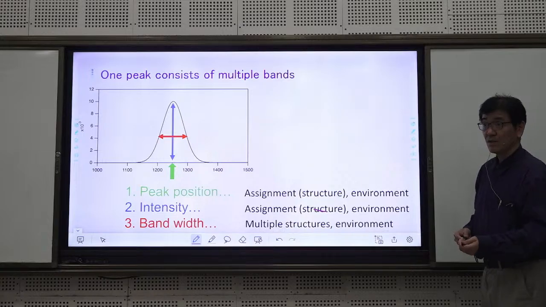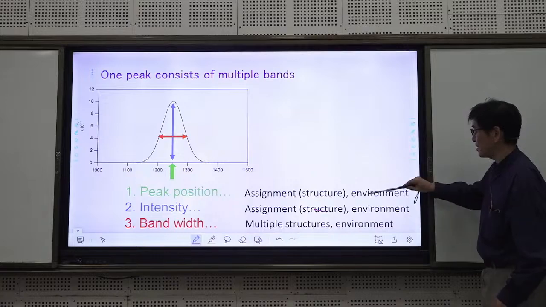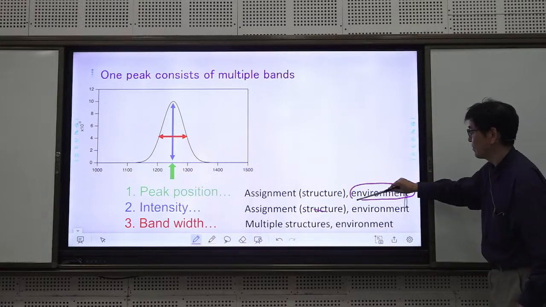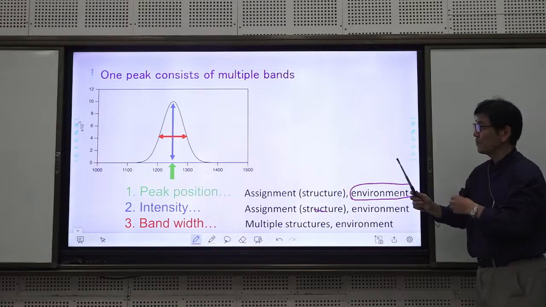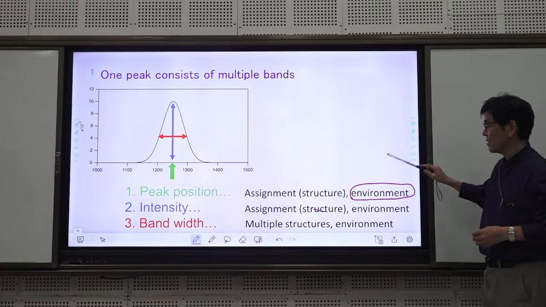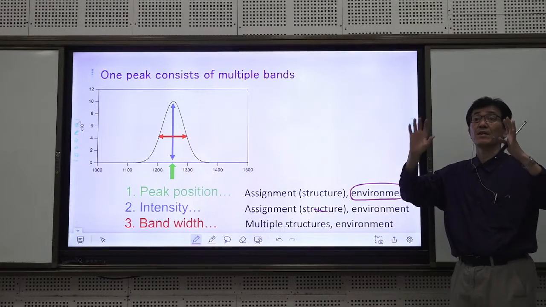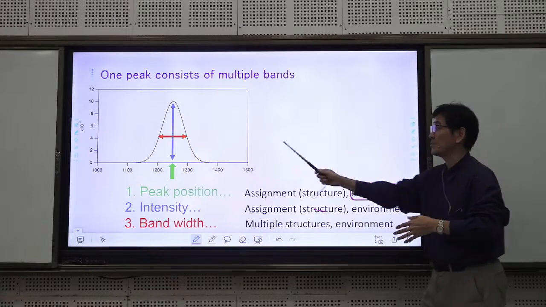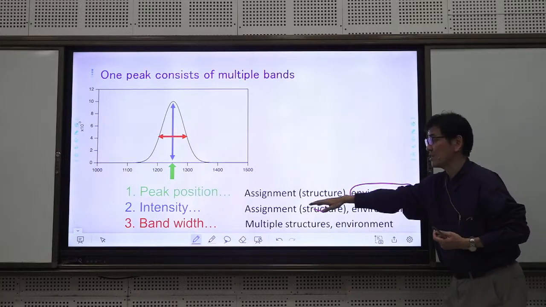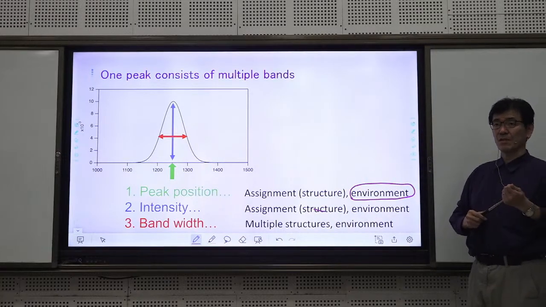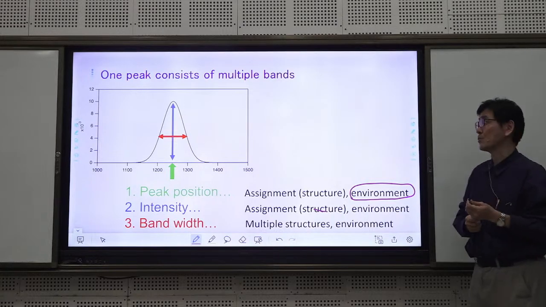And we should know each parameter sometimes changes depending on the environment. Sometimes this is useful. By changing the solvent and environment, the peak position changes. From the change in peak position, intensity, and bandwidth, you can consider what happened to the molecule, the probe molecule, the solute molecule.